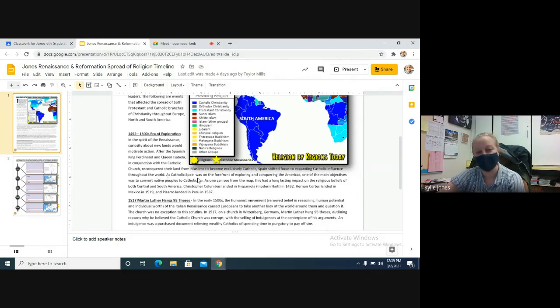As Catholic Spain was on the forefront of exploring and conquering the Americas, one of the main objectives was to convert native people to Catholicism. As one can see from the map, this had a long-lasting impact on the religious beliefs of both Central and South America.